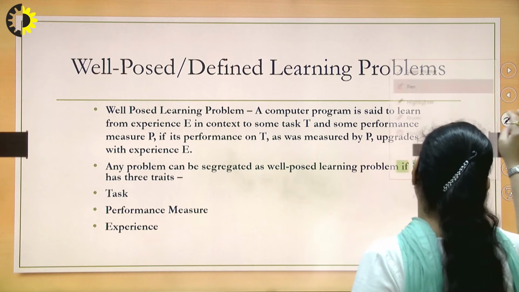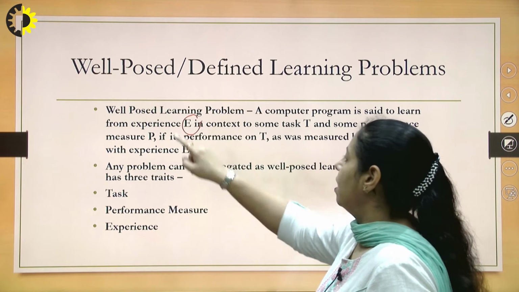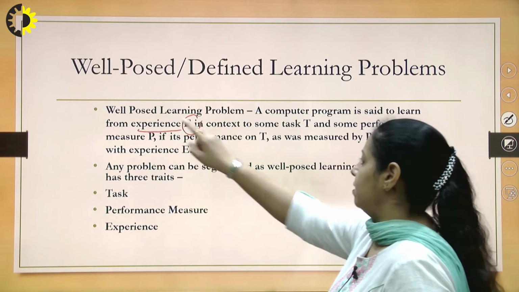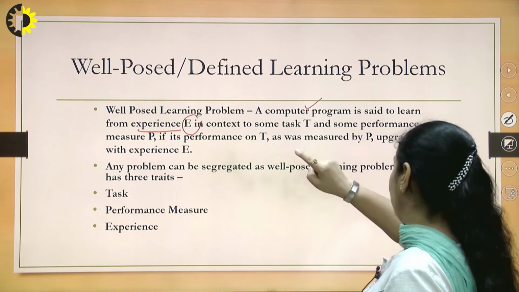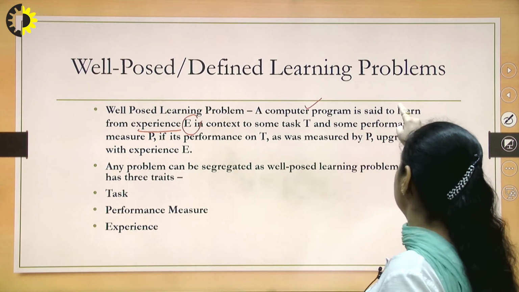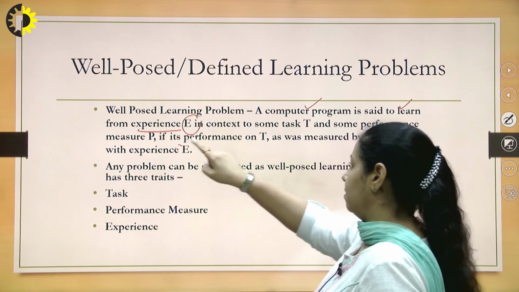Now, if you see here, this E represents experience and that experience is taken by a computer program which learns and gathers some information in the form of experience.